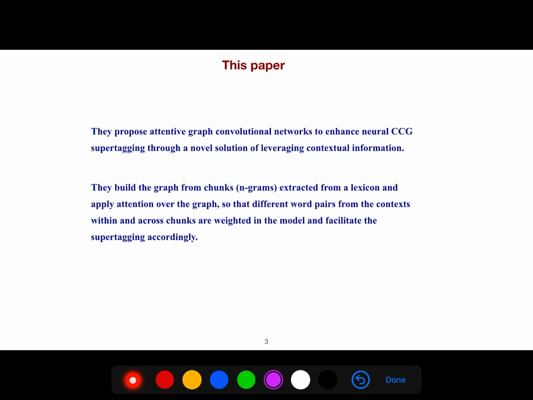In this paper, they propose attentive graph convolutional networks to enhance neural CCG supertagging through a novel solution of leveraging contextual information. This is important because in language modeling, for example, when you talk about n-grams, I will create a new playlist about probabilistic language modeling because it's really important.